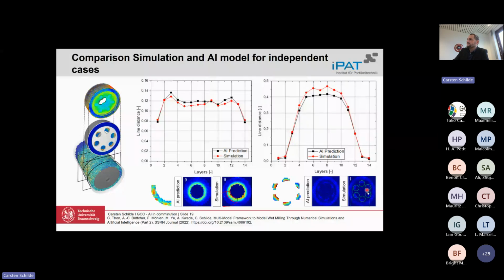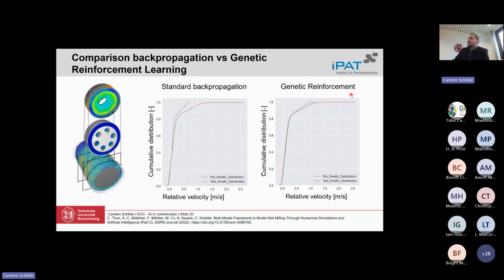We can also predict within the holes, where we have, of course, much larger relative velocities between the grinding beads, and these relative velocities tell us the stress energy distribution for a certain set of parameters within our mill.